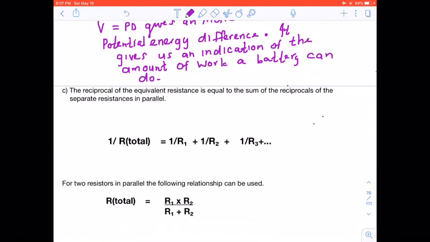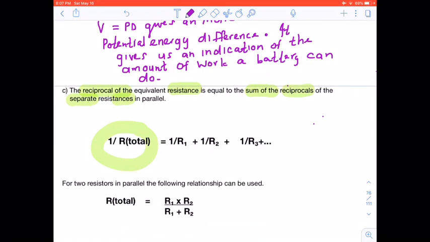Right, and then we have the third rule, which is the reciprocal of the equivalent resistance. That's the reciprocal of the equivalent resistance is equal to the sum of the reciprocals of the separate resistances. Right, so essentially what we're saying, 1 upon R total is equal to 1 upon R1 plus 1 upon R2 plus 1 upon R3, right?